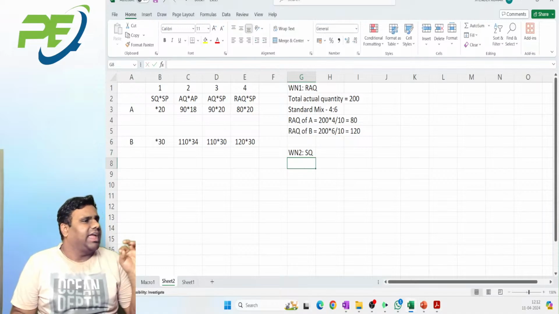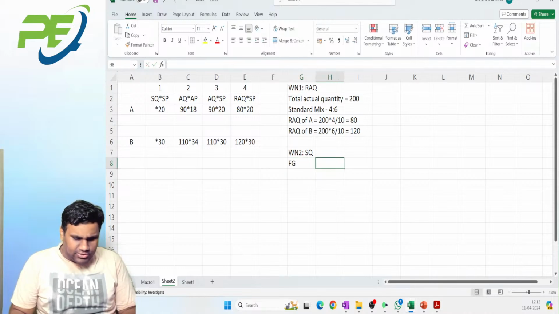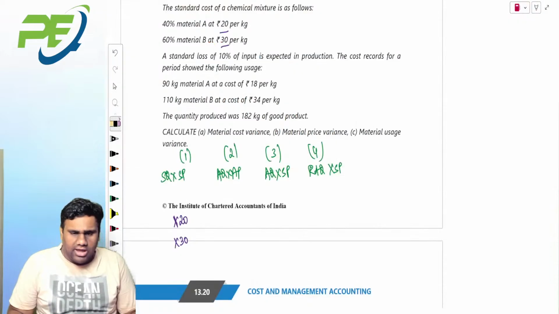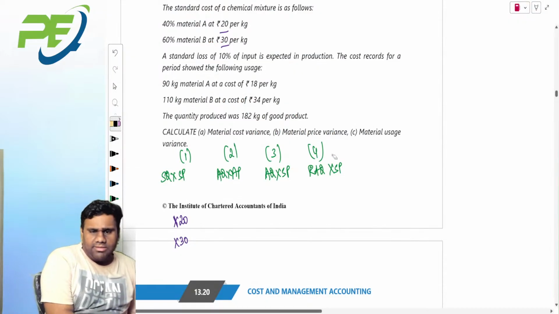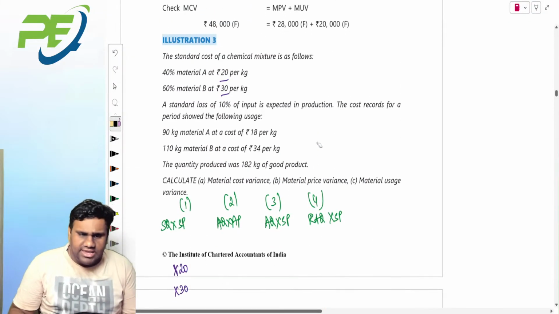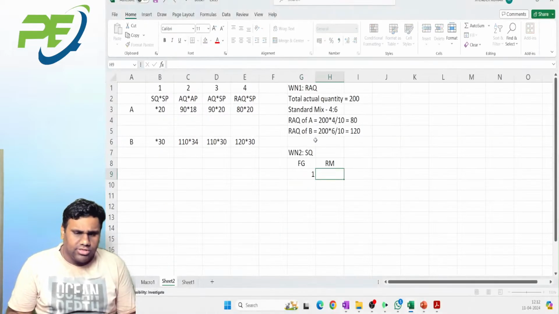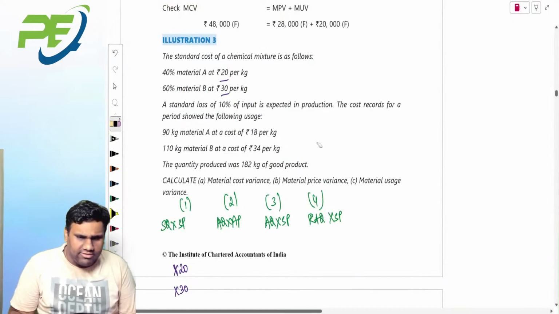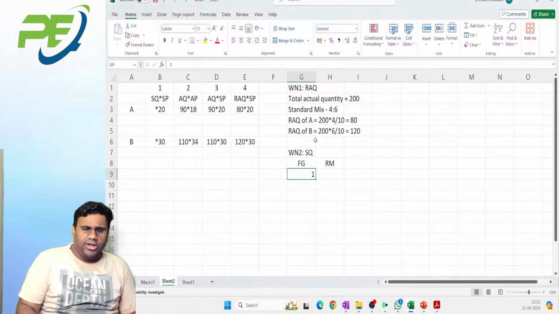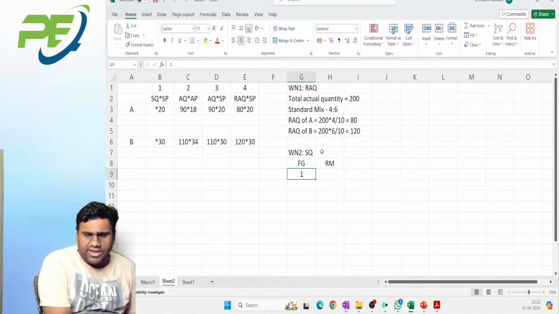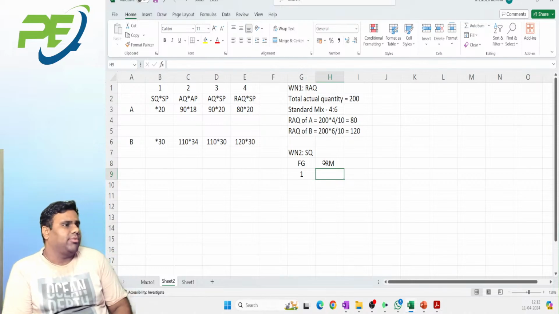Everyone pay attention. Every time we find SQ, I have a very simple table: finished goods and raw material. Now tell me, if I want 1 kg of finished goods, here they have given kg, how much raw material is required? 200 by 180.